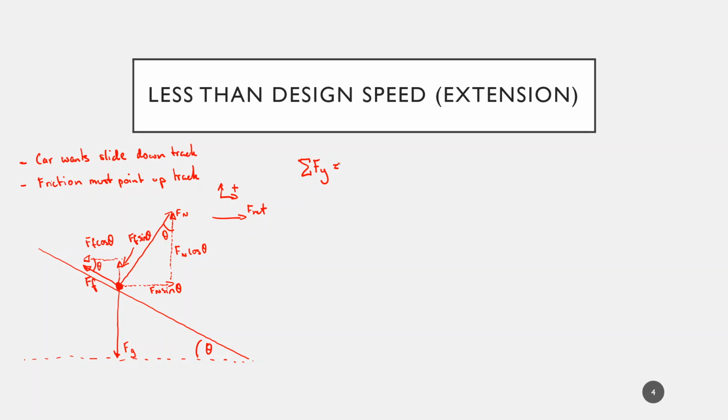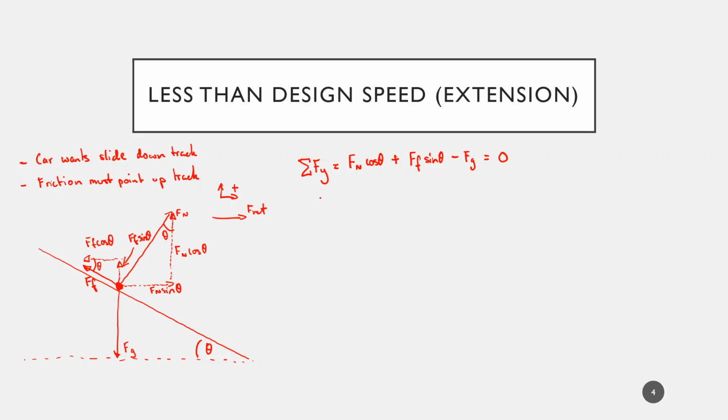What do I have? I've got this component of normal pointing upwards, so that's Fn cos theta, plus this component of friction, which is also pointing upwards, Ff sine theta. And I subtract gravity because it's pointing in the negative direction. I know that they are all going to add up to 0.